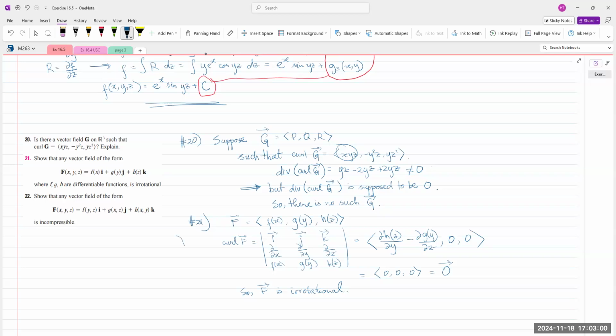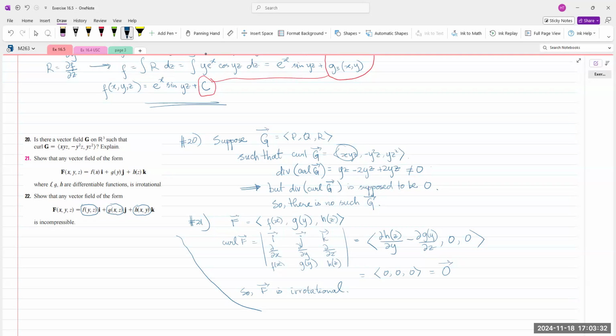Number 22, show that this function is incompressible. The x component depends on variables other than x, the y component depends on variables other than y, and the z component depends on variables other than z.